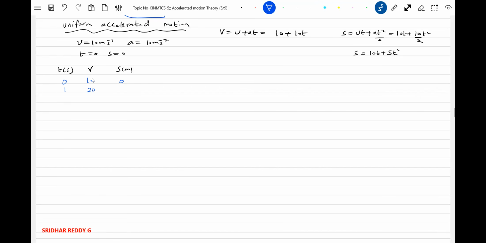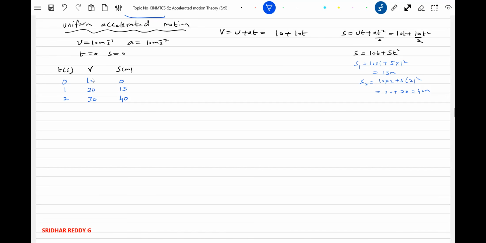And here how much it will be? 10 into 1 plus 5, S1, let me calculate. 15 meter. T equal to 2, so this will be 30. S2 equal to 10 into 2 plus 5 into 2 square. So 20 plus 20, 40 meter.